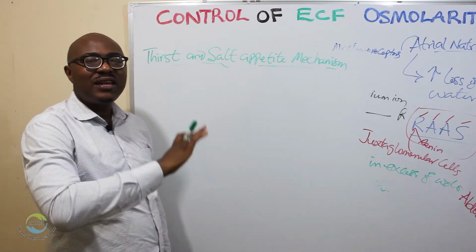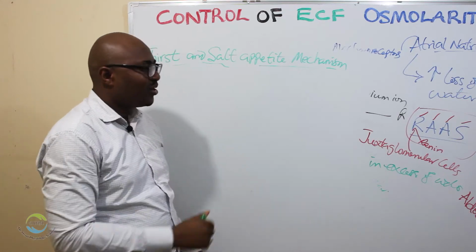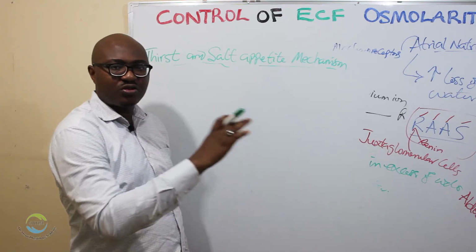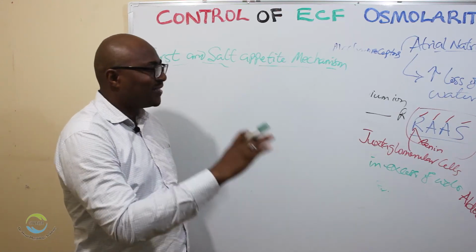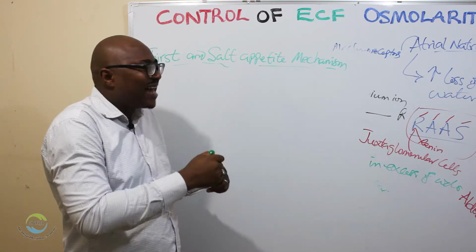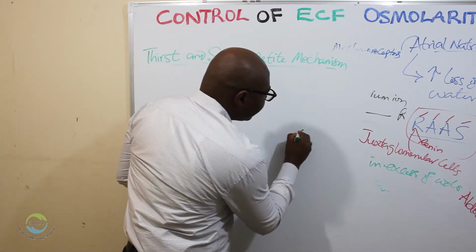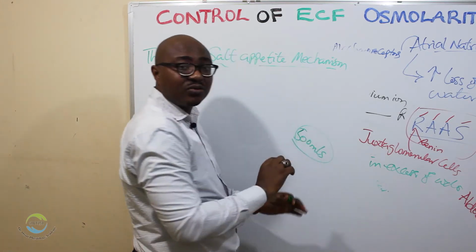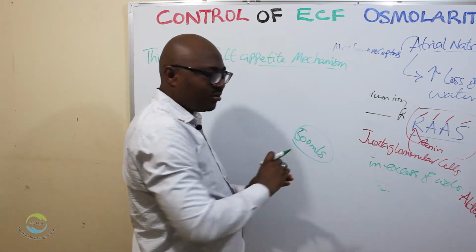So whether you like it or not, water must be lost from your body. Whether you're taking water or not, the kidneys must use at least 500 mils to flush out waste.